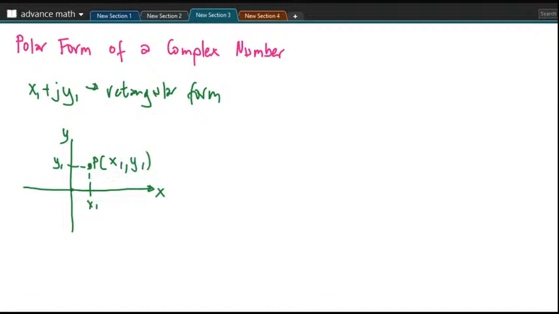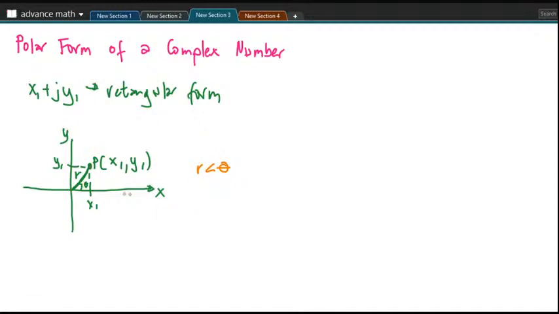If we draw a line here, this is what we call the absolute value, that is the r, and we have an angle here, theta, which is the argument of our complex number. So the polar form of a complex number is written as r angle theta, where r is the absolute value and theta is the argument.